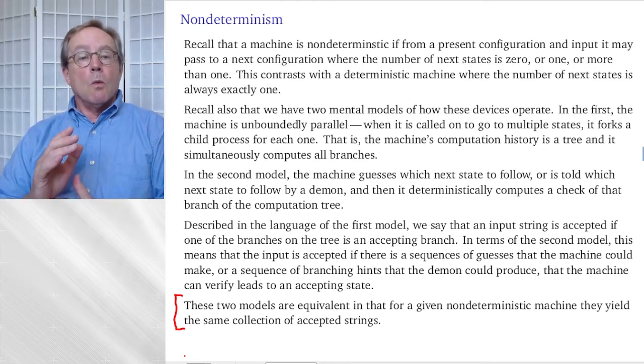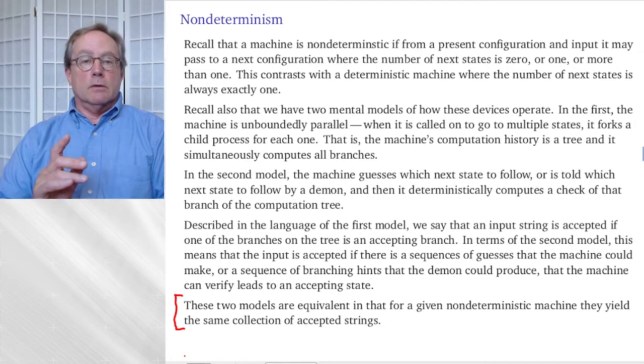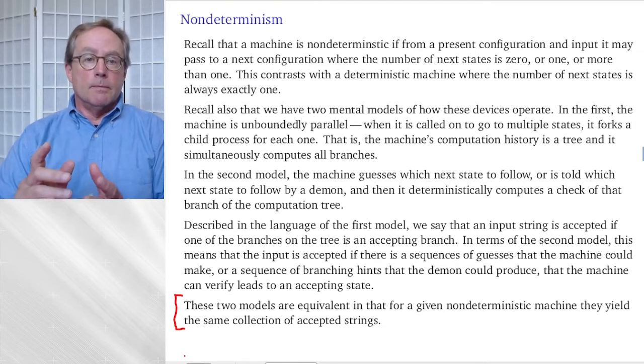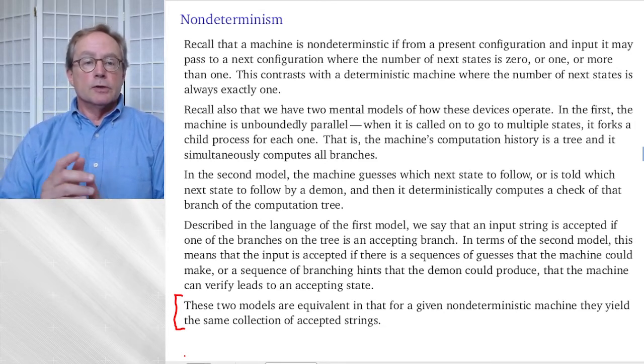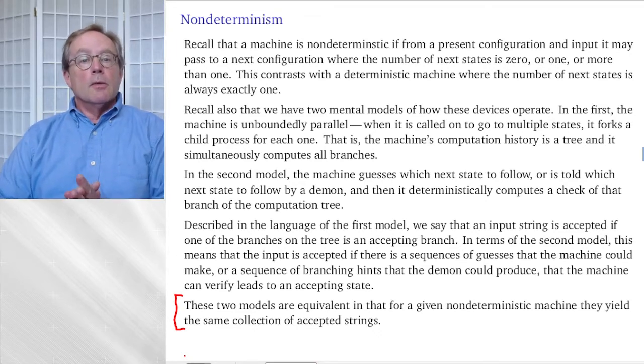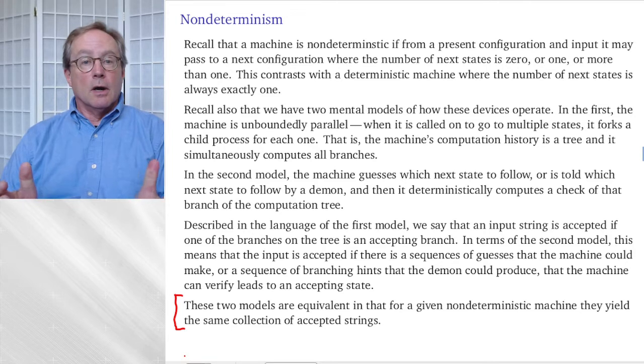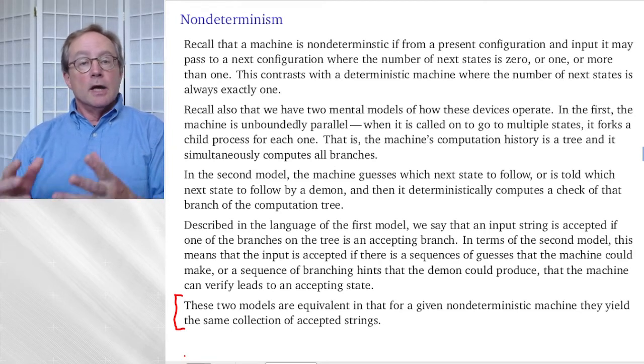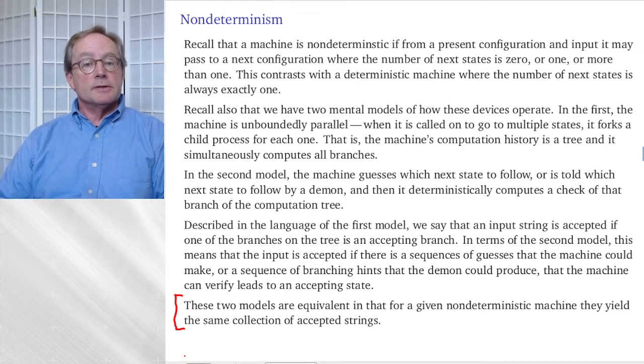Now, we say that a circuit is accepted in the first mental model if there's at least one of the branching processes that finds a circuit that's less than 16,000 kilometers. And that makes sense. A person nods to that. You say, well, I get it. I get why you would say that, if somebody finds a circuit less than 16,000.